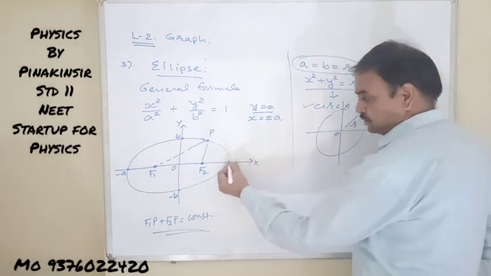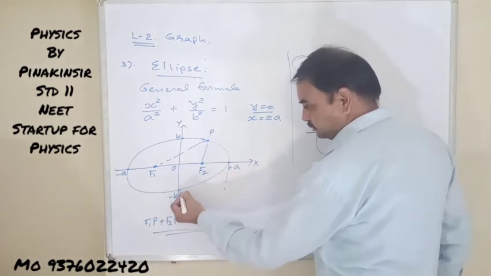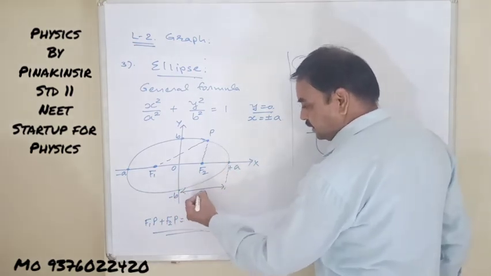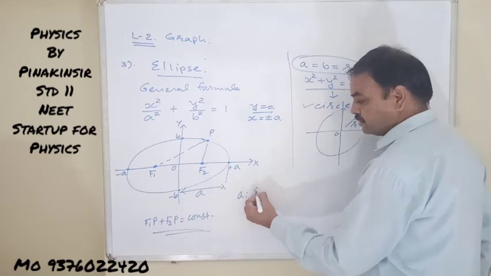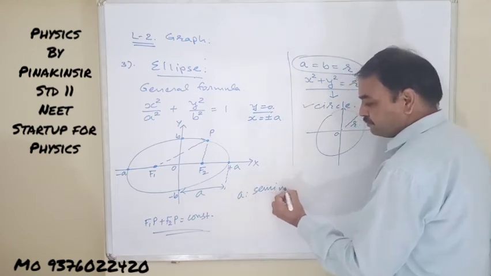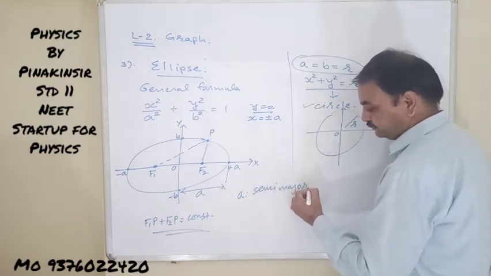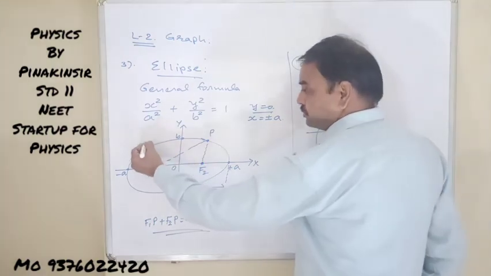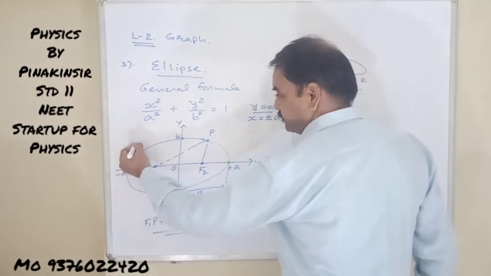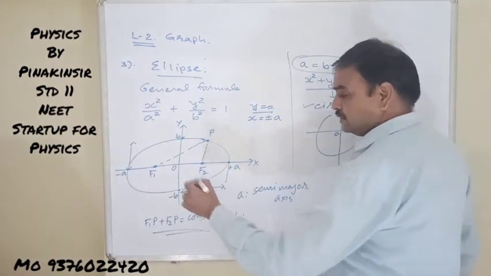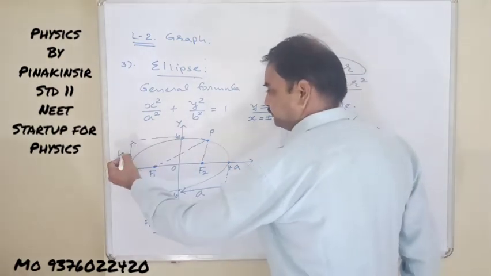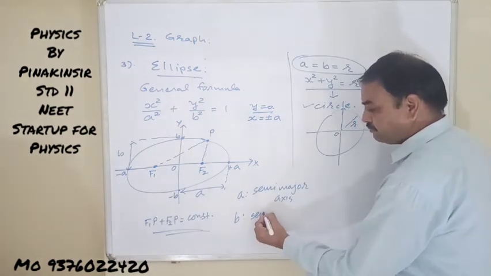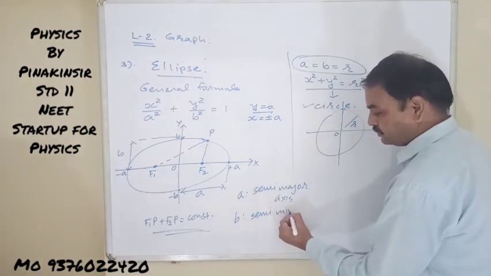This particular measurement, that is a, is said to be the semi-major axis, and that particular distance on the y-axis is said to be the semi-minor axis.